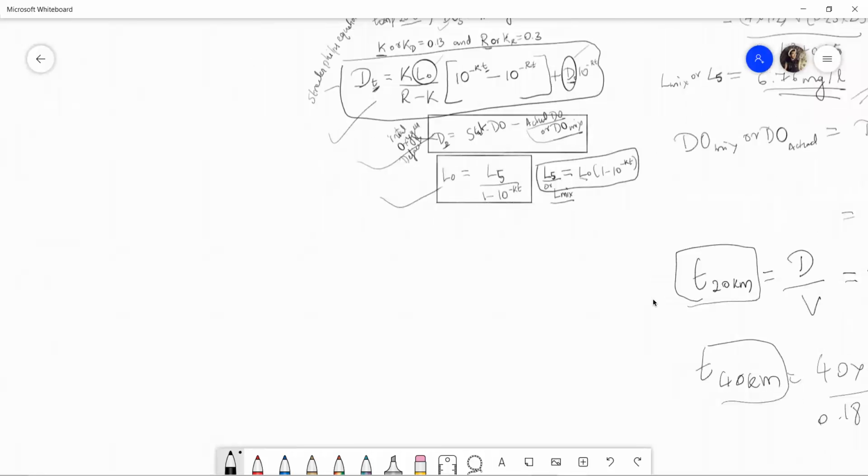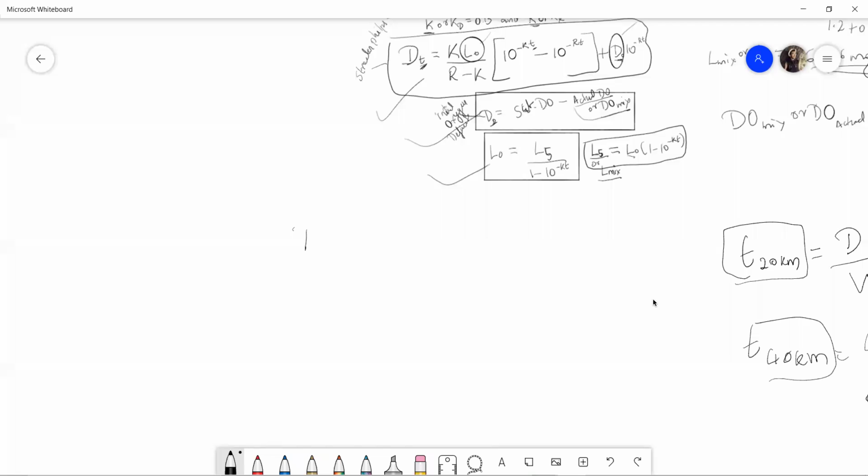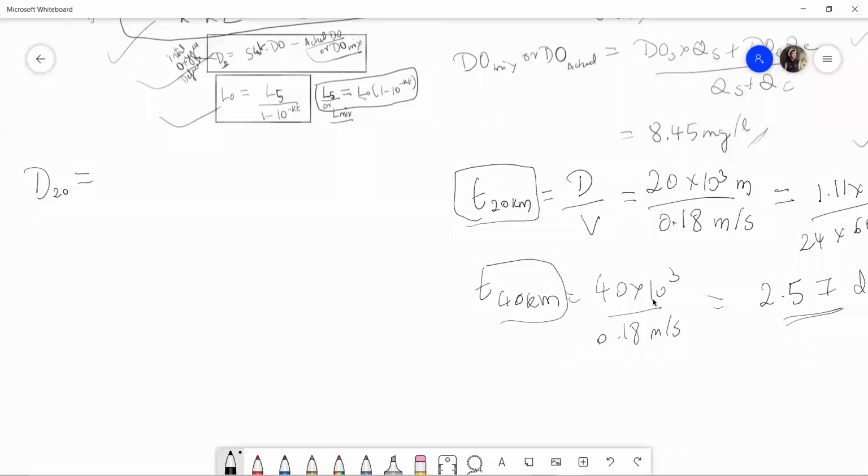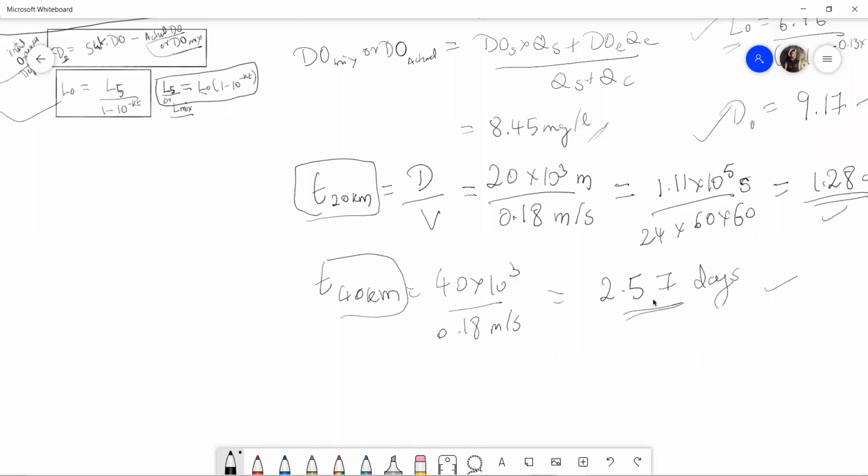You have to find out the deficit for 20 kilometer distance. So we are considering T, that is the time for 20 kilometers. The 20 kilometers time means how much? It is 1.28 days.